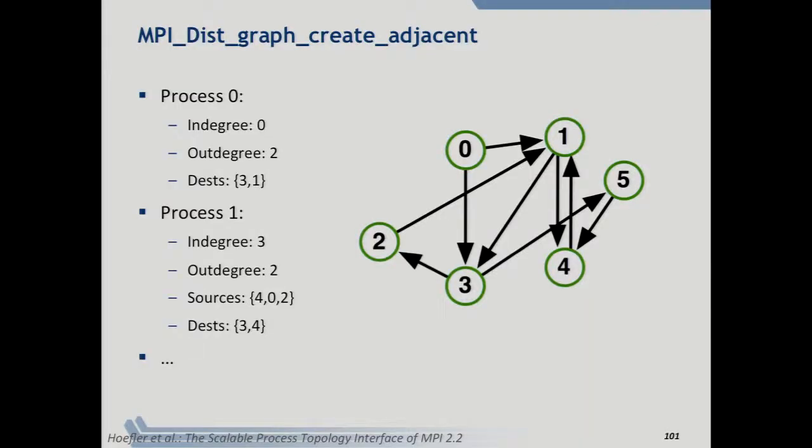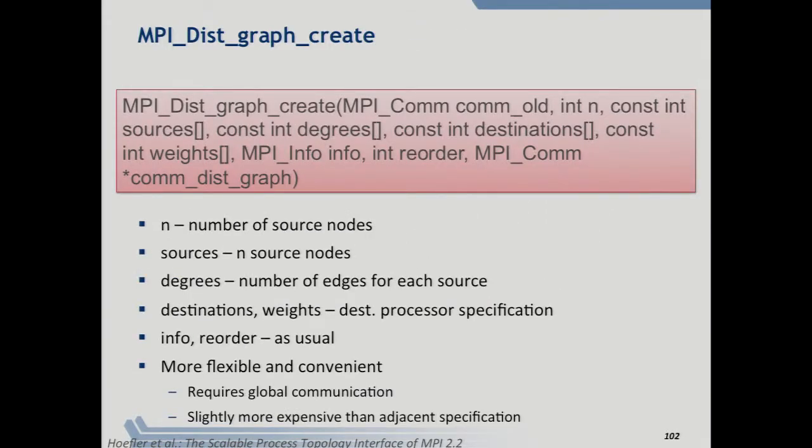Here 0 is specifying 1 as its neighbor, and again 1 is also specifying 0 as its neighbor as a receiver and sender. So you're getting duplicate information in any case. Whereas in this one you don't need to specify the duplicate information. You just specify it once and that's enough. So this is more flexible and powerful and convenient.